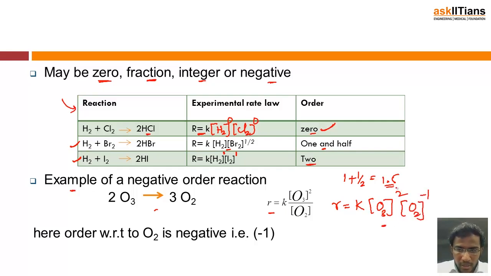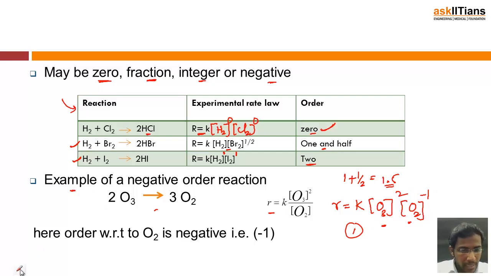Here the overall order or total order is 1, but the order with respect to oxygen is minus 1.